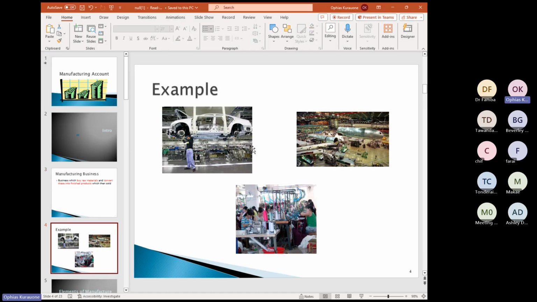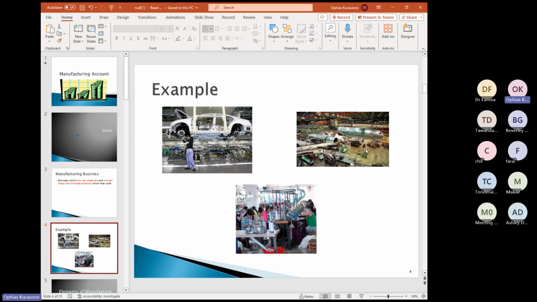For example, in the motor industry, they convert the raw materials so that they come up with a car. They produce the engines. There is a machining department, a fabrication department, an assembling department, so that they convert these raw materials into a finished product, that is a car.